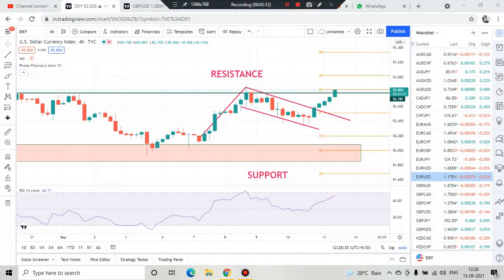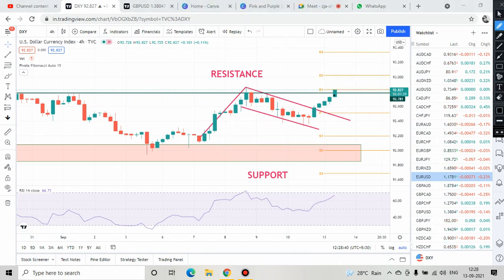In case the US dollar reverses from here, then GBP USD will be going up, and if dollar remains bullish like this, then GBP USD will be going down because they have a correlation. Okay, so keep your eyes on the chart of US dollar and then act accordingly.